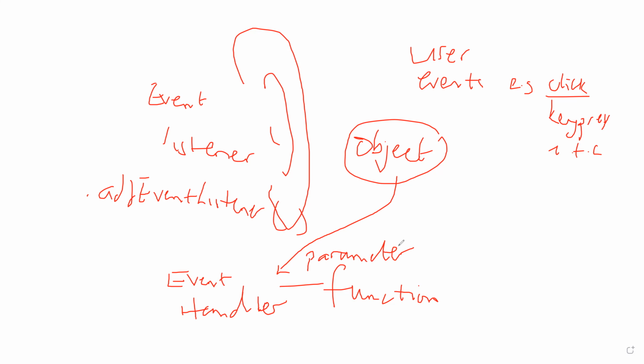I repeat, anytime an event, for example, click, key press, mouse over, on blur, on focus, etc., anytime such an event happens, an object is passed as a parameter to the event handler, which in this case is a function.